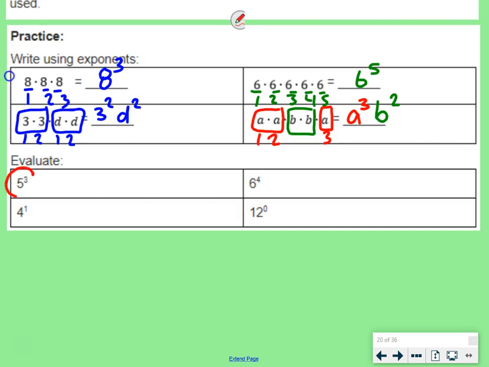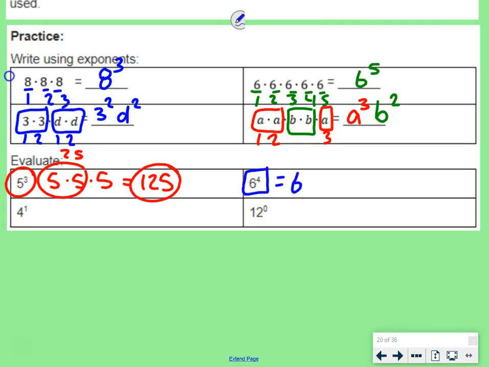Evaluate. Right here we have 5 to the 3rd power, which means 5 times 5 times 5. Well, 5 times 5 right here is 25, times another 5 is 125. Six to the 4th power. That means we have 4 6's being multiplied together.